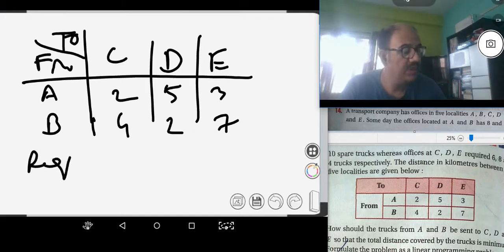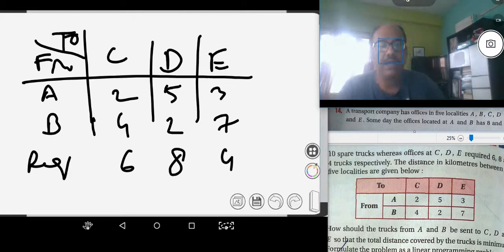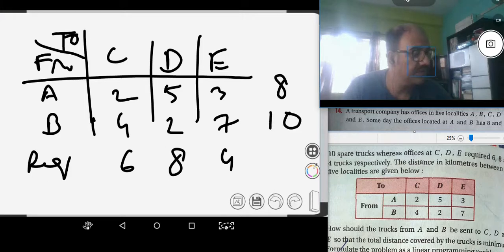So you have the requirements in the three destinations as 6, 8, and 4, and A has 8 trucks and B has 10 trucks. So how can we distribute so that the total distance covered by the trucks is minimum? That's what we need to find out.